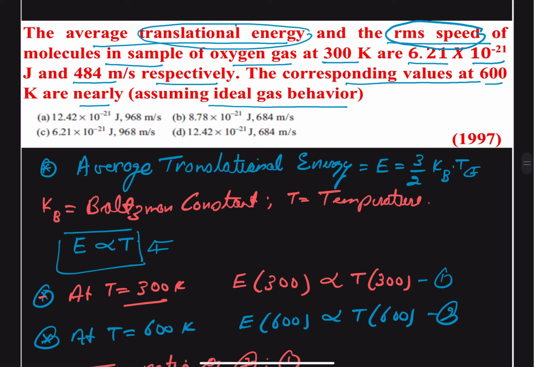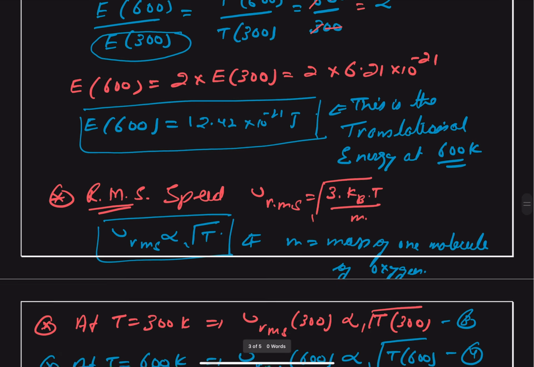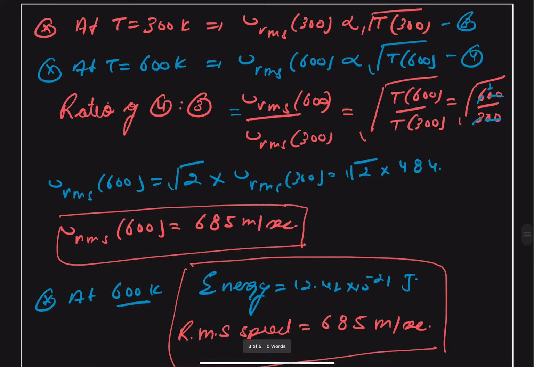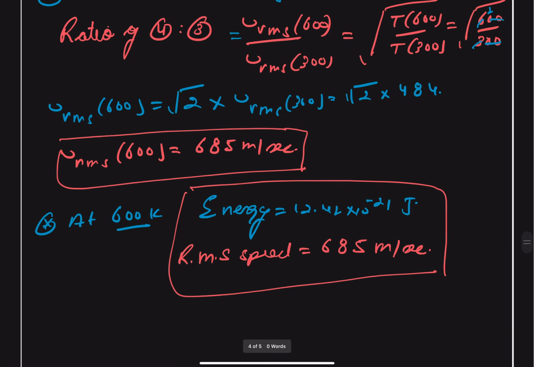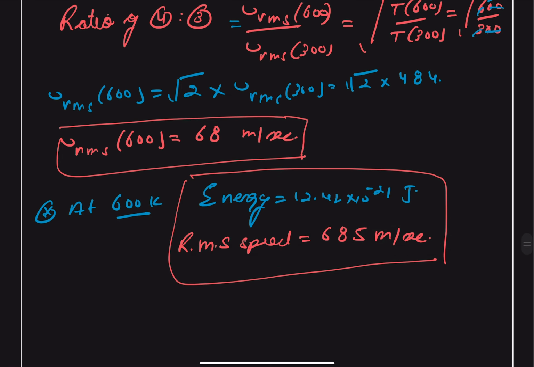So the options come out as, it is close to 684. Let me modify that also. So option number D is the correct option.